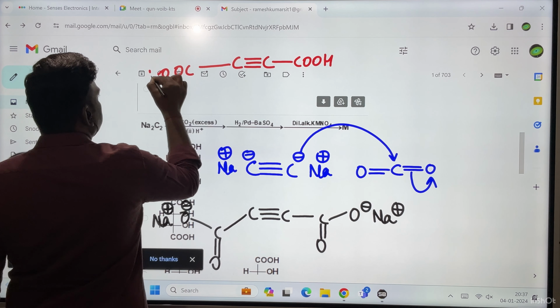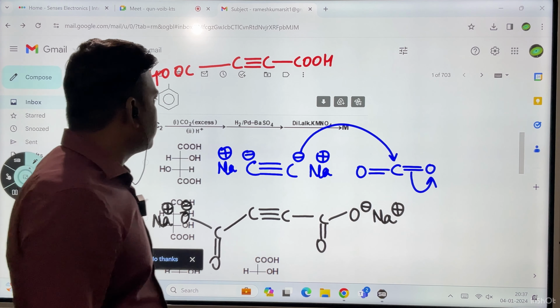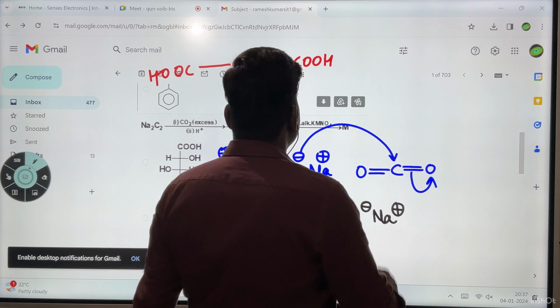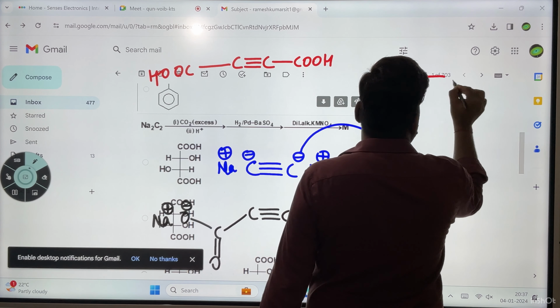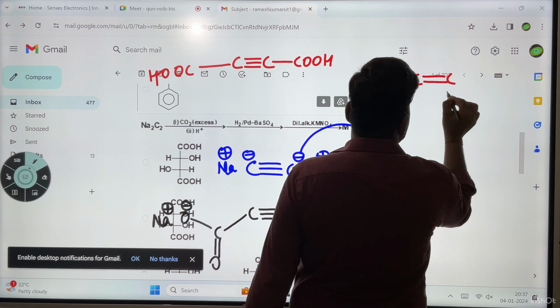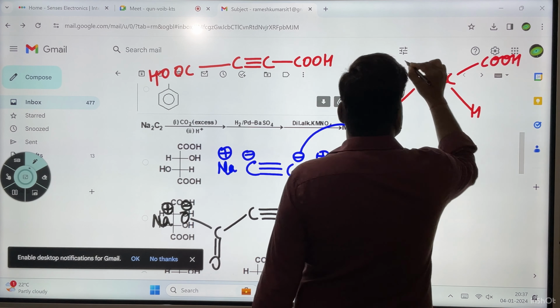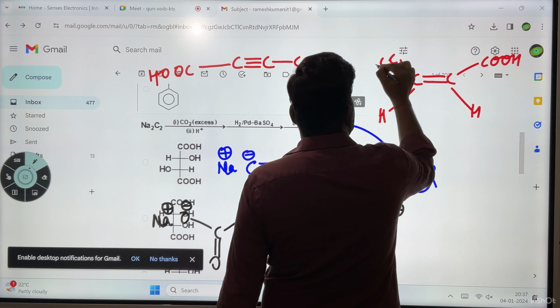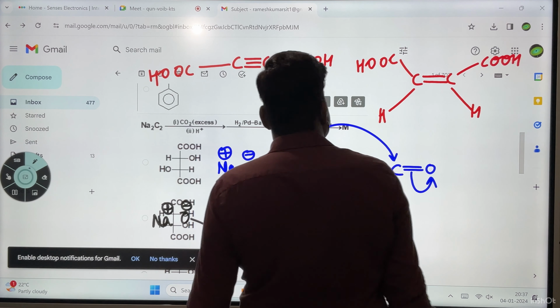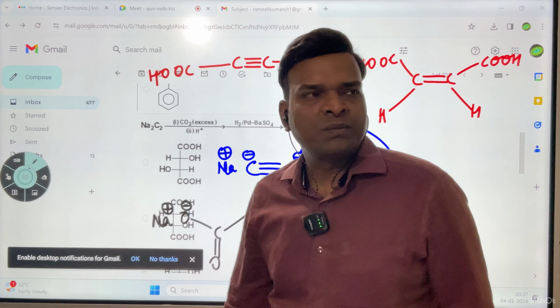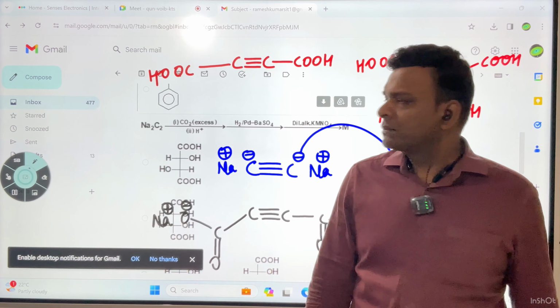So we can see that this is the product we have got after treatment with H plus, or we can say acid workup. So on treatment with H plus we are getting COOH, C triple bond C, COOH, and then we are treating with H2, Pd/BaSO4. After treatment with H2, Pd/BaSO4, it will give a cis product because of syn addition.